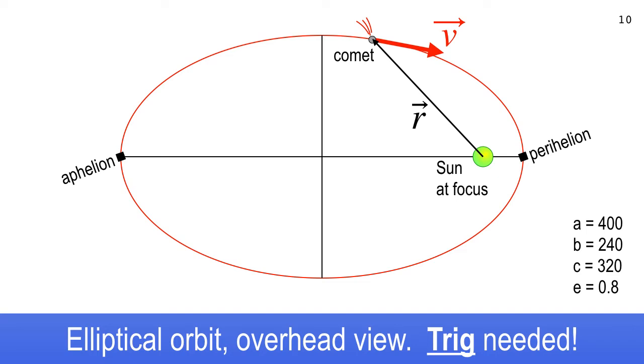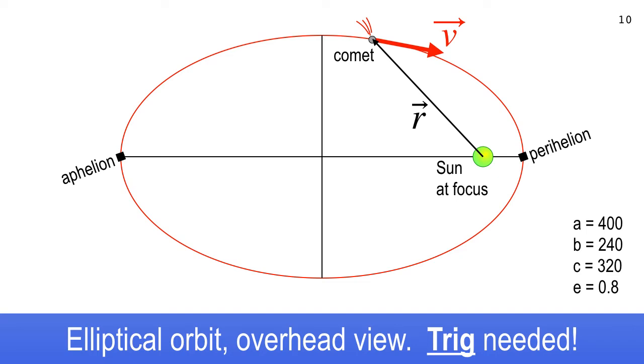On this orbit, you get faster and faster until you get down here to perihelion, and that's your maximum speed. Then you start slowing down, and by the time you're way out at the aphelion, you're really slowed down. But once you pass aphelion and start coming around on the top end, you're going to start getting more and more speed, and eventually you're going to be really cooking. And then you're back down here to perihelion.